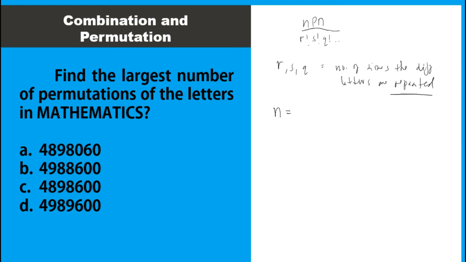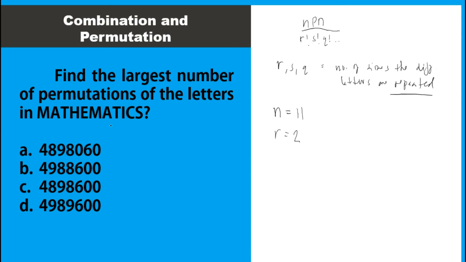For the word mathematics, you have 1, 2, 3, 4, 5, 6, 7, 8, 9, 10, 11. So you have 11 letters. M is repeated 2 times, so you have 2.